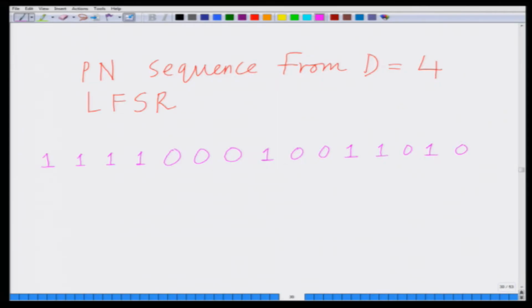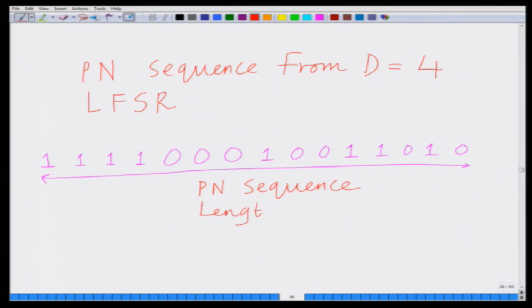So, this is the PN sequence that is generated by the LFSR, and the length of this PN sequence is equal to 15. We have 15 symbols in this PN sequence, right.